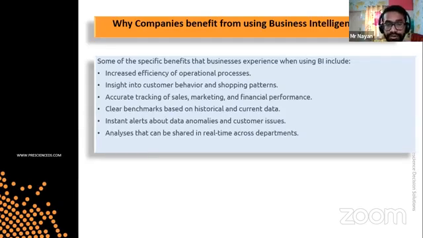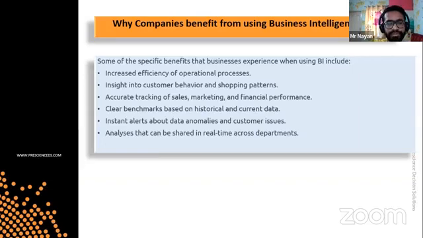They gain insight into your behavior based on what you have bought in the past. They have your historical data, what you have purchased, and the probability that you might buy in the future. That's where customer behavior and shopping patterns come into place.